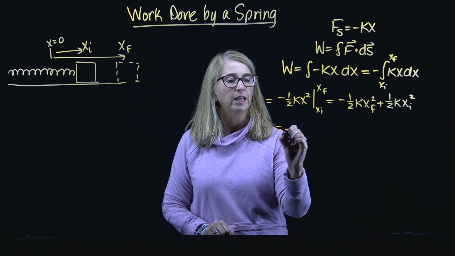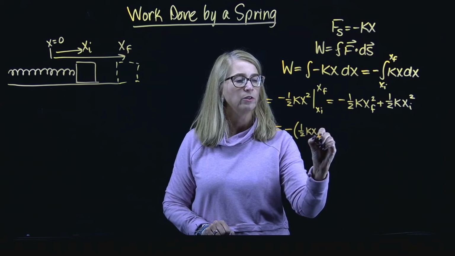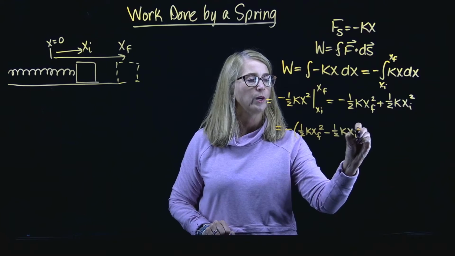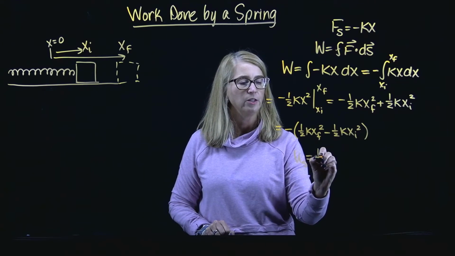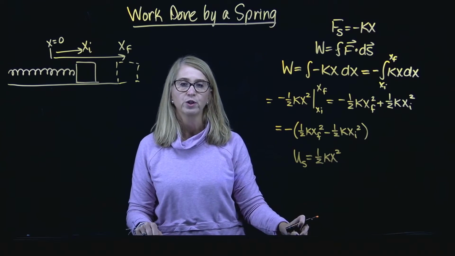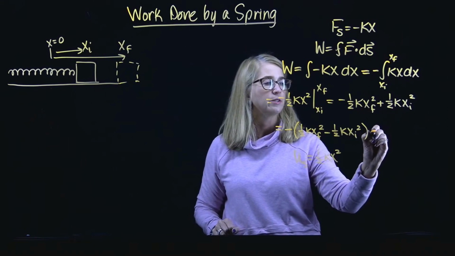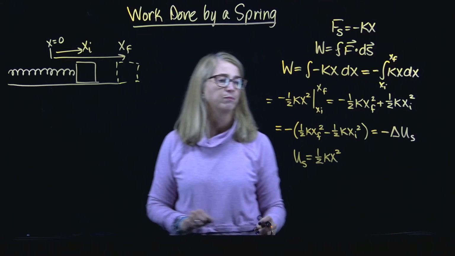If we take out the negative sign, then we get 1/2 kx final squared minus 1/2 kx initial squared. And so this is where we can deduce that the expression for the potential energy of a spring is 1/2 kx squared, because then this makes the work equal to minus the delta U of the spring.